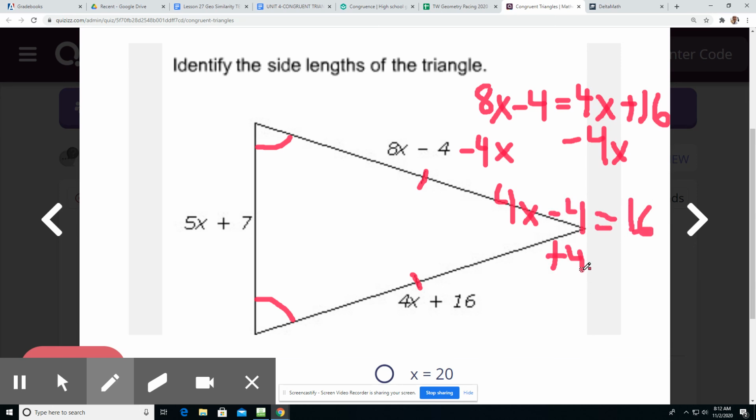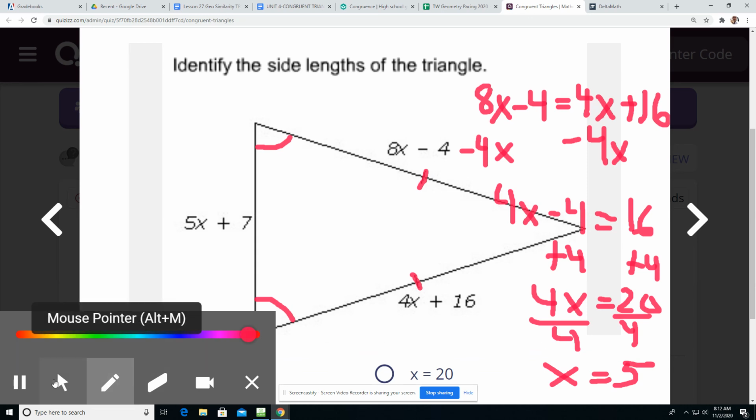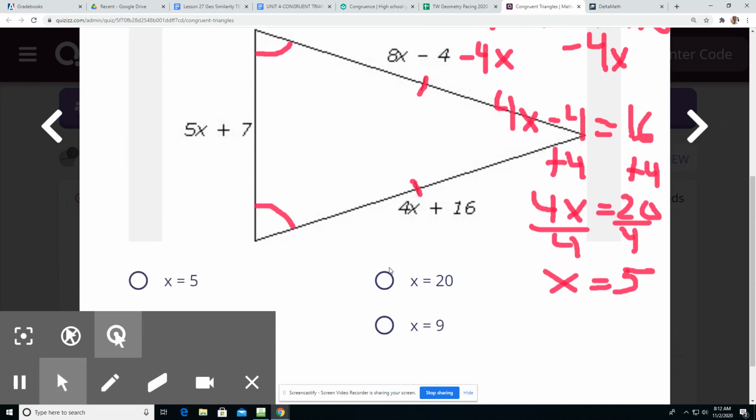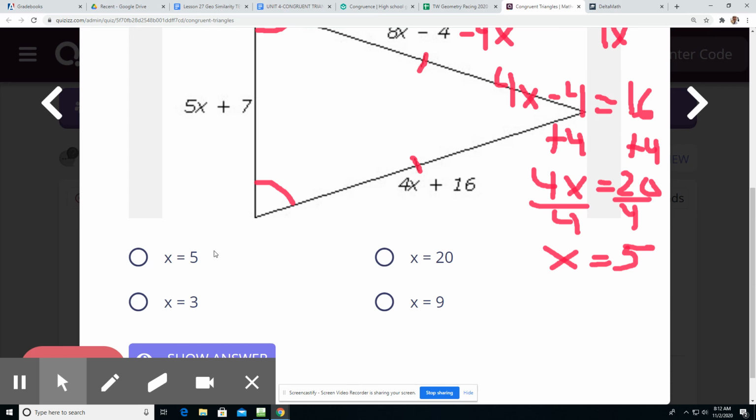Add 4, add 4, 4x equals 20, divide by 4, x equals 5. So let's just go ahead and check and make sure that that's one of our possible solutions. x equals 5, and there it is right there.